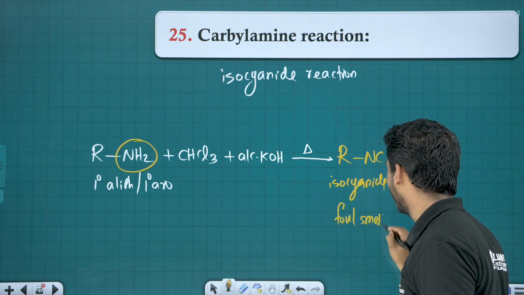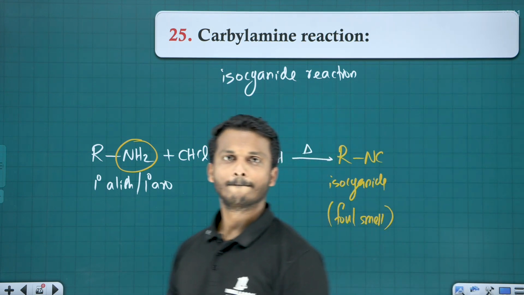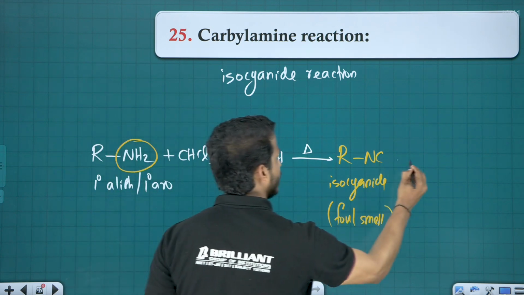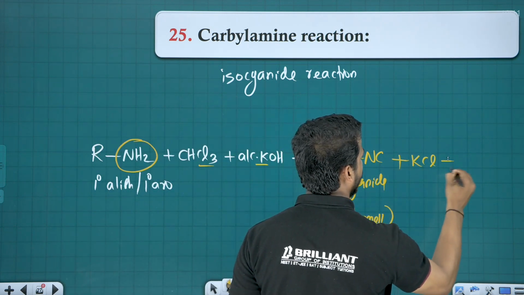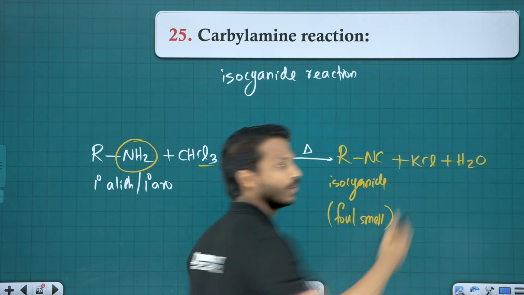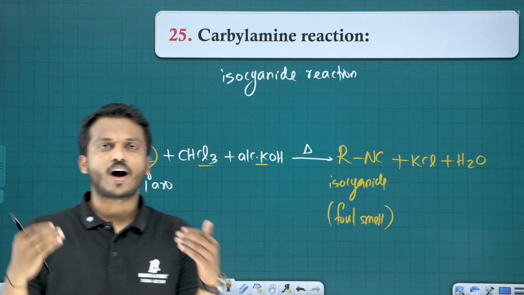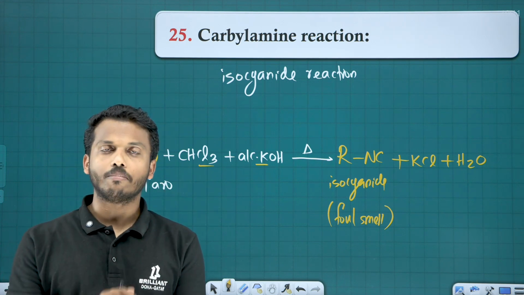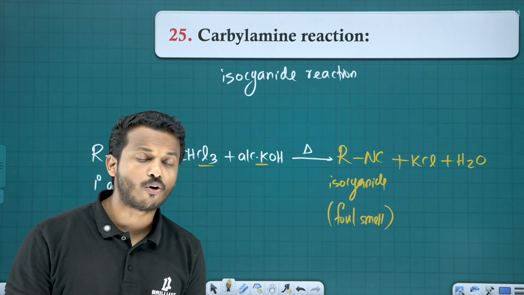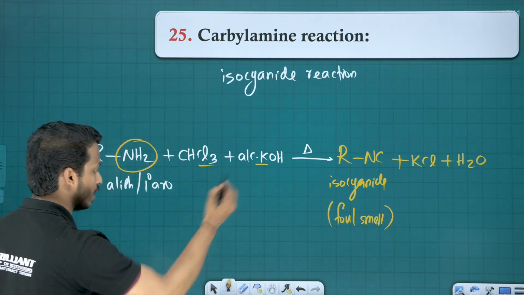You may study it as a distinction test. And the byproduct is important: this K combines with the Cl, you get KCl along with H2O. So how do you define the carbylamine or isocyanide reaction? When a primary amine reacts with chloroform and alcoholic KOH, you get isocyanide.